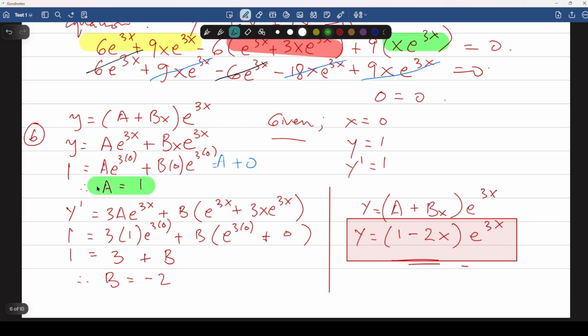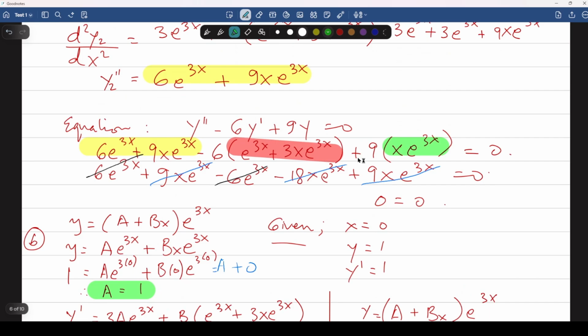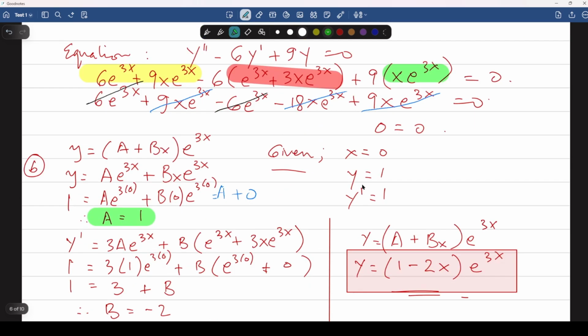In order to find the value of b, we have to use the y prime information. We have y prime equal to 1, and y prime means we have to take the derivative of y here. So the derivative of this is 3a times e to the 3x, and then plus b times the derivative of x e to the 3x.